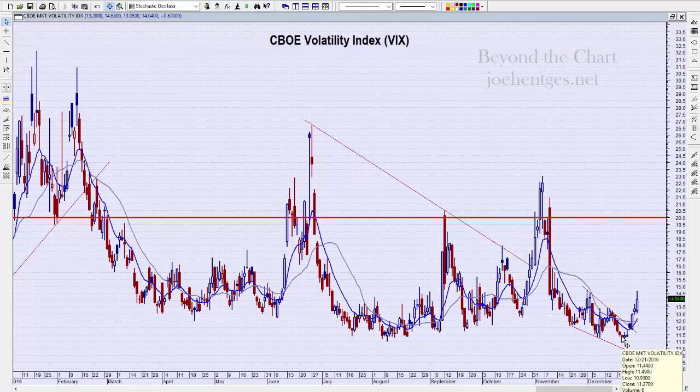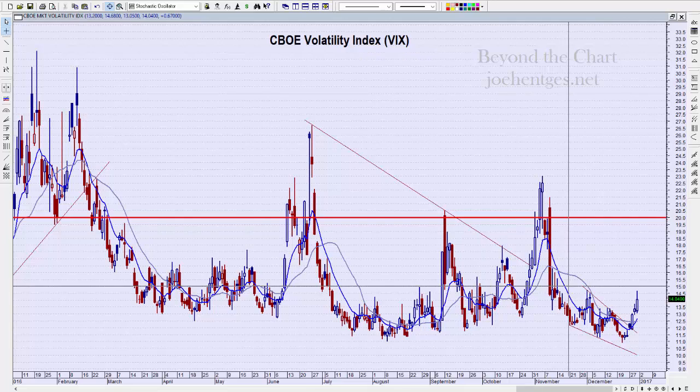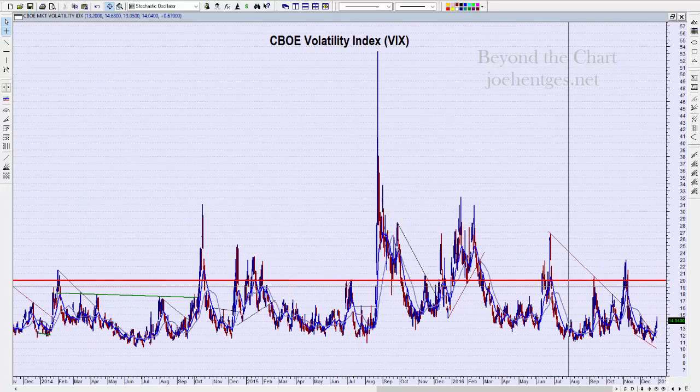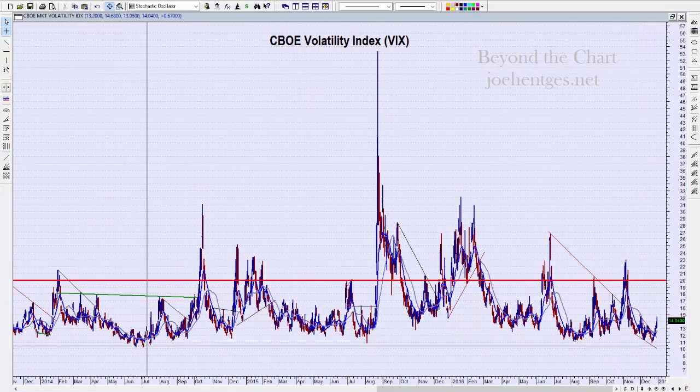We did get to kind of an extreme here on December 21st with this close at 1127. And I say extreme because the VIX had not closed at 1127 since back in June, July of 2014. So you got to go all the way back over into here.